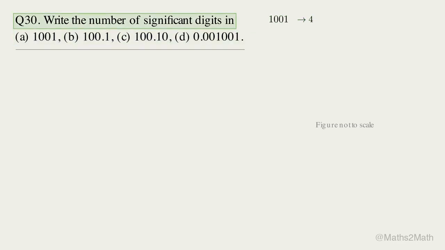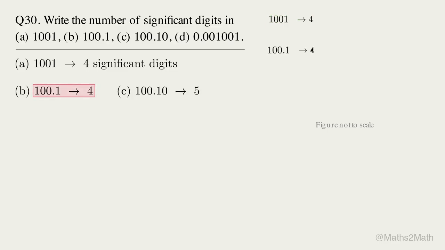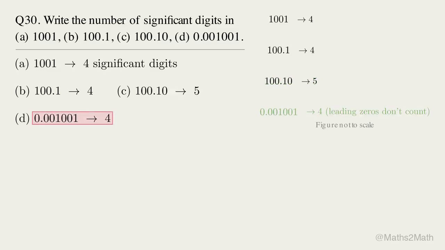Zeros between digits count, leading zeros do not, trailing zeros after a decimal point do. 1001, all 4 digits count, the zeros are between non-zero digits. 4. 100.1 has 4, and 100.10 has 5, because the trailing zero after the decimal is significant. 0.001001. The leading zeros only place the decimal. The significant part is 1001, 4 digits. Hence, 4, 4, 5, and 4.